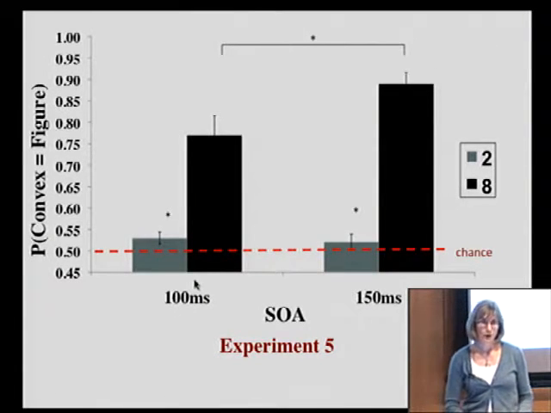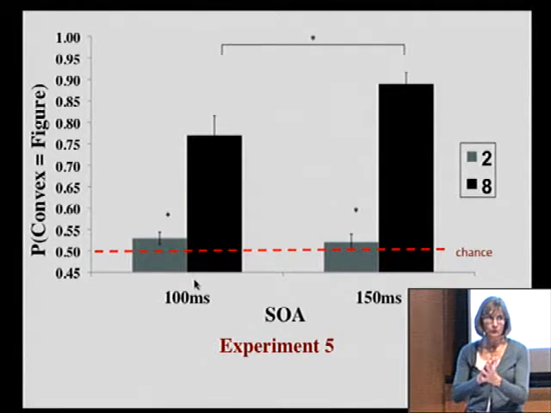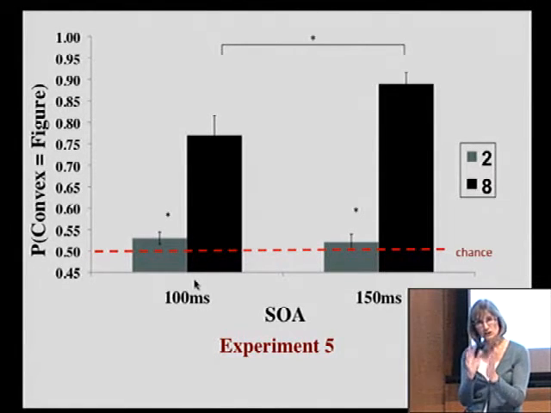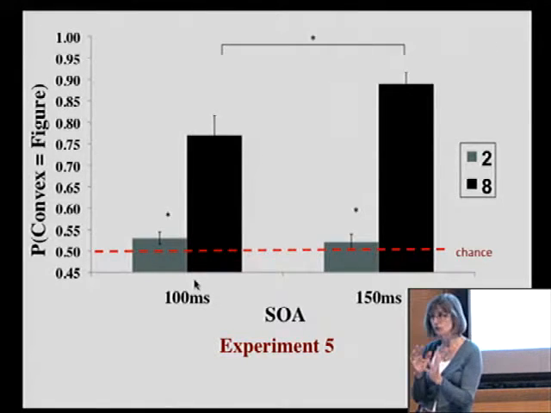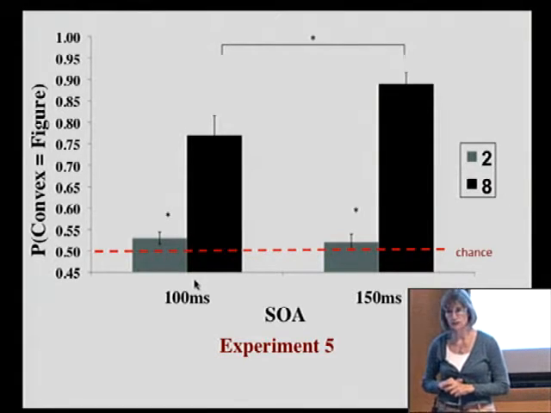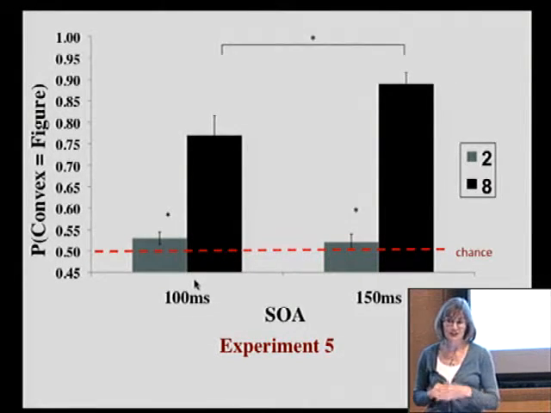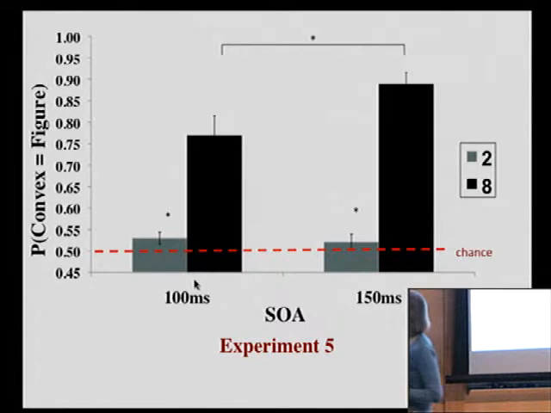So when the 100 millisecond exposure is masked immediately afterwards, when we remove the competition for object status for the convex regions, we see those convexity context effects evident in the briefest exposure we've used so far. Now, we used 100 milliseconds because that's what we had used in the first experiments that I told you about.